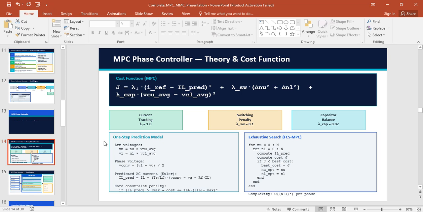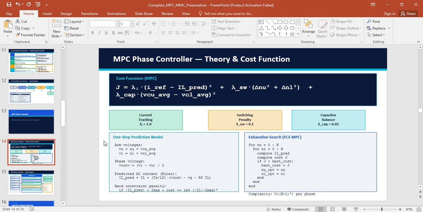We have the arm voltage, where VU is equal to NU multiplied by VCU average, which is the upper arm capacitor voltages' average voltage. So N is multiplied, and the arm voltage is developed, and the phase voltage is developed, and the predicted AC current is found via this Euler equation.